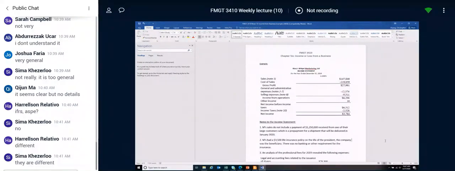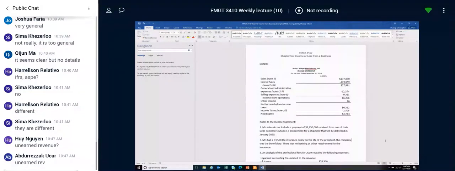How do you treat that from an accounting point of view? Yeah, unearned or deferred revenue. You record the liability because you have not yet actually earned this income. Well, the question is, what do you do for tax?